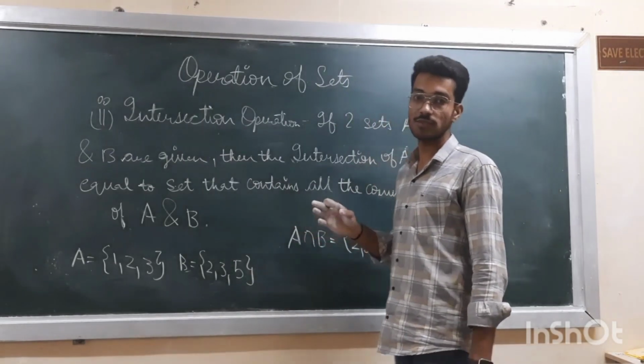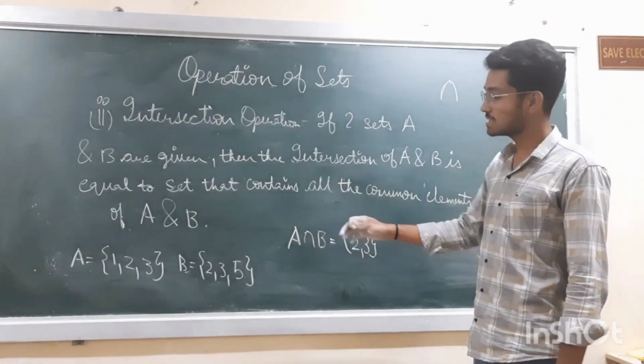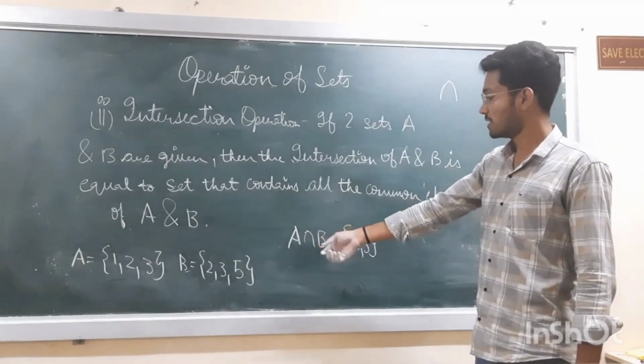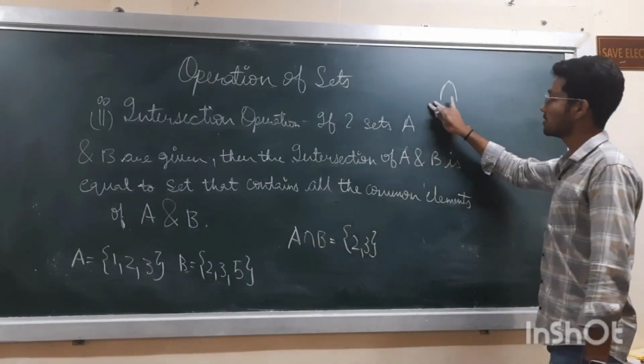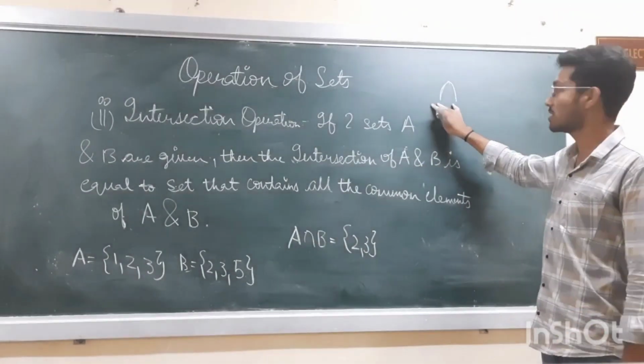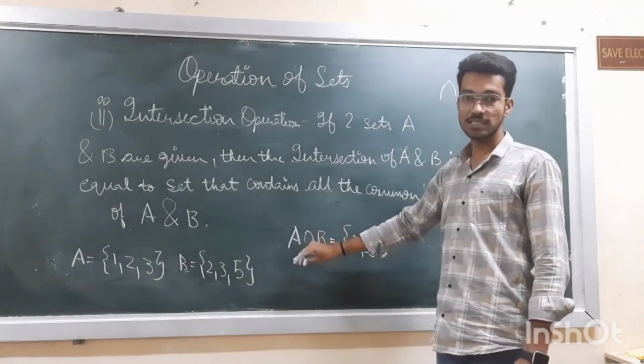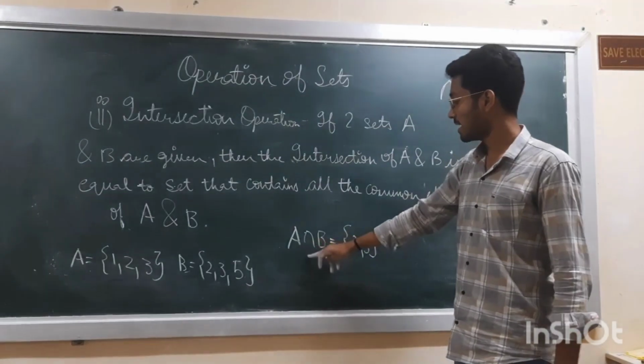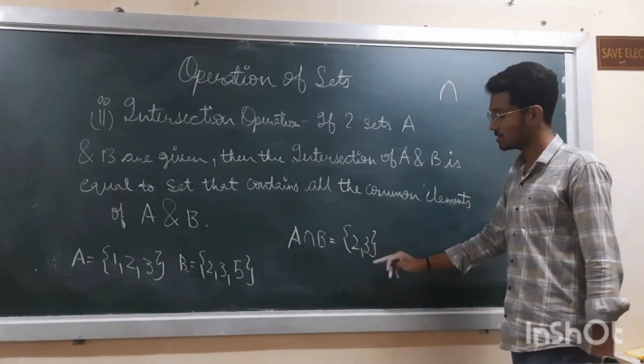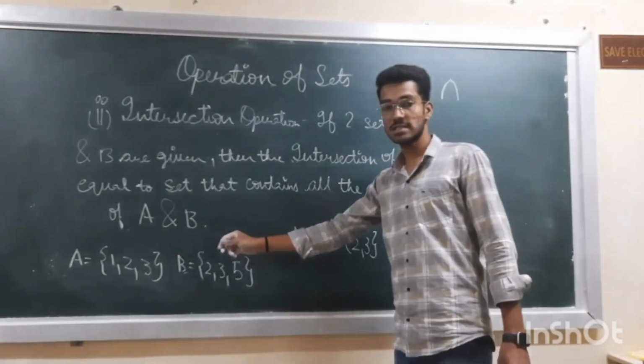The intersection operation is denoted by this, and the intersection set is defined as A intersection B, which contains the elements 2 and 3, which are common in the sets A and B.